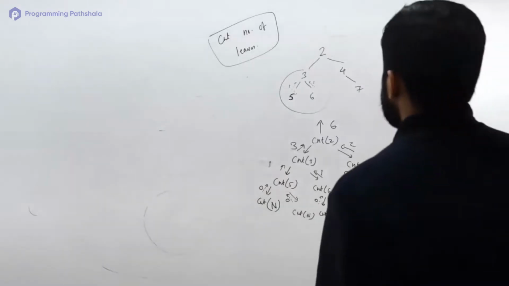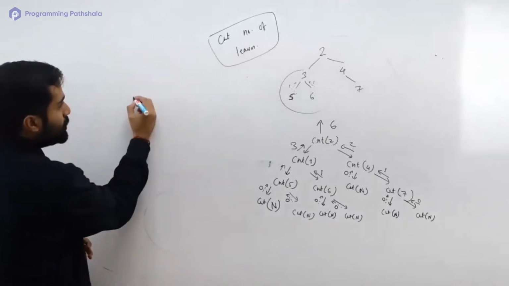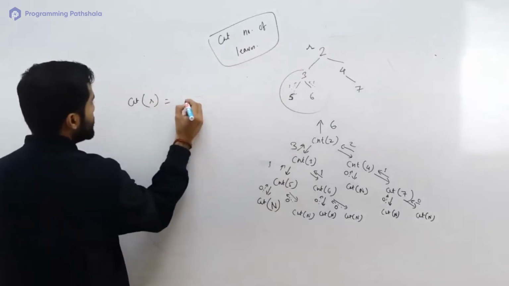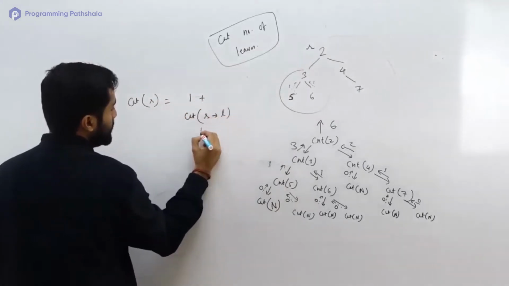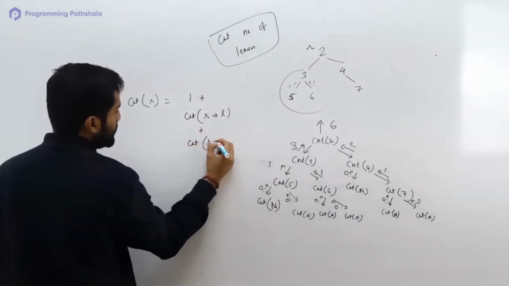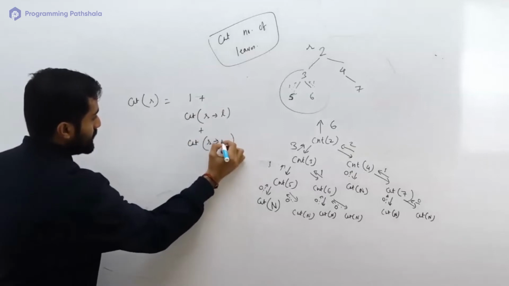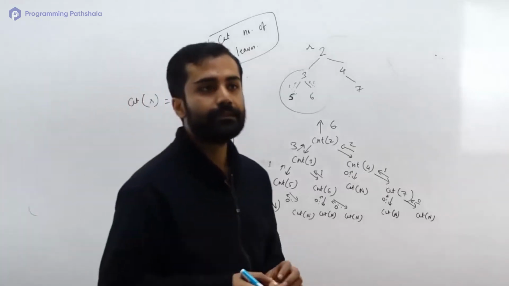Okay, tell me one thing. The previous equation that we had written was: count of leaves in the tree rooted at R is 1 plus count of leaves in R left plus count of nodes, not leaves, in R right. Will this equation hold true if I have to count the number of leaves also?